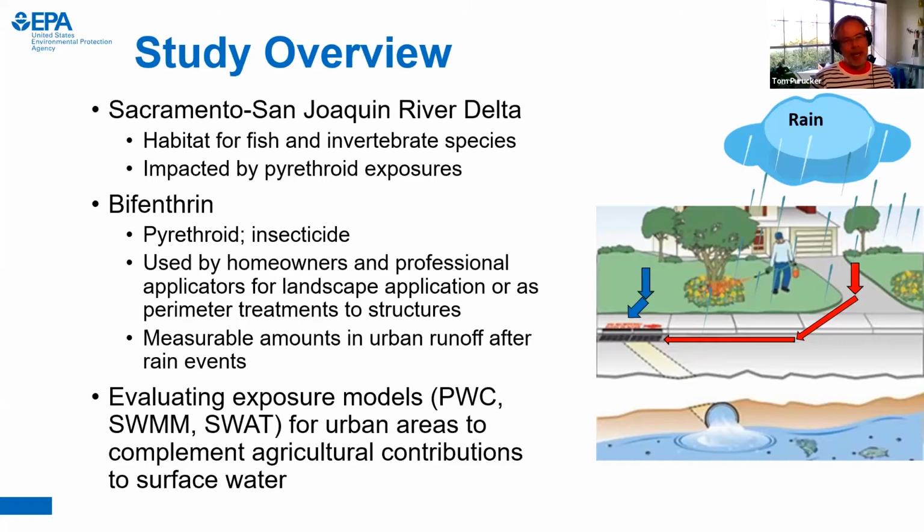And going back for the last 10, 15, 20 years, you have measurable amounts of bifenthrin in urban runoff and in the streams of this area, like 60, 70% detect rates for these different situations. So we're looking at the upland urban areas in this Sacramento-San Joaquin River Delta, and ultimately looking at impacts to some fish that are important in this area, including the Delta smelt.